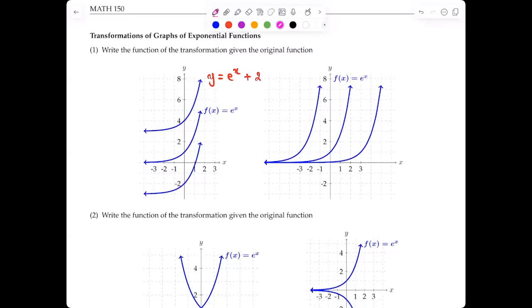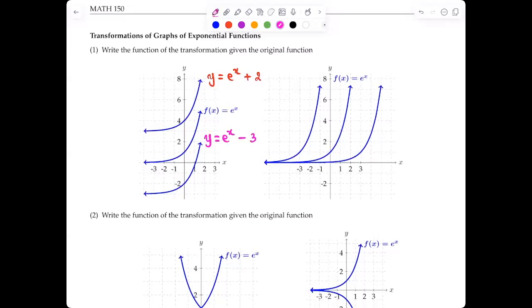Do you see 3 units down? You start here, go 1, 2, 3. So here y equal to e to the x minus 3.